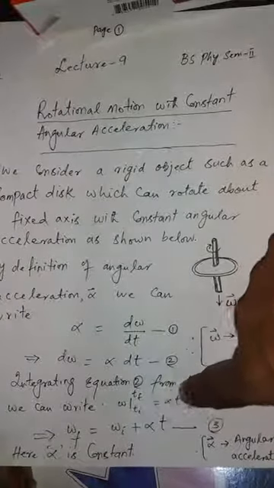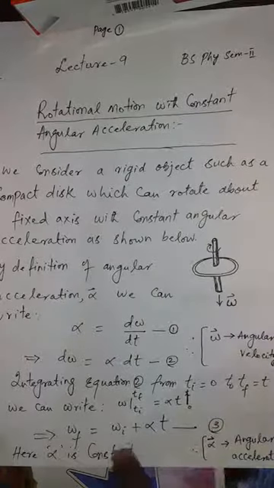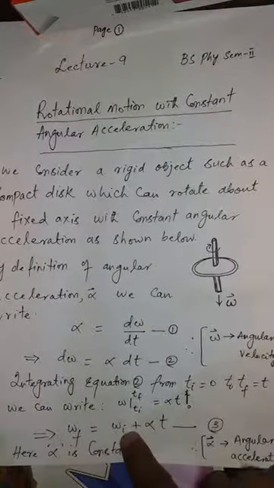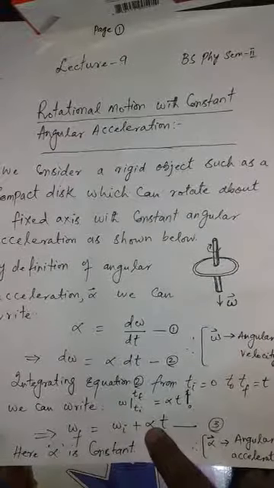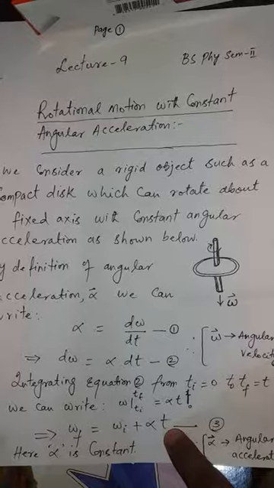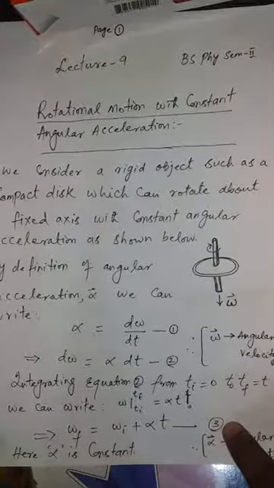Applying these limits and rearranging the result, we will get omega f equal to omega i plus alpha t, and this is marked as equation number 3.